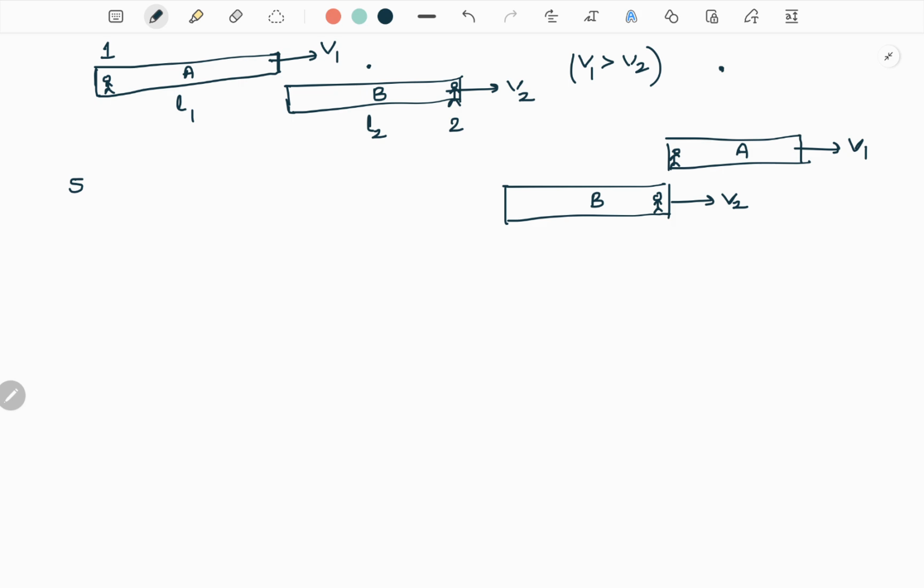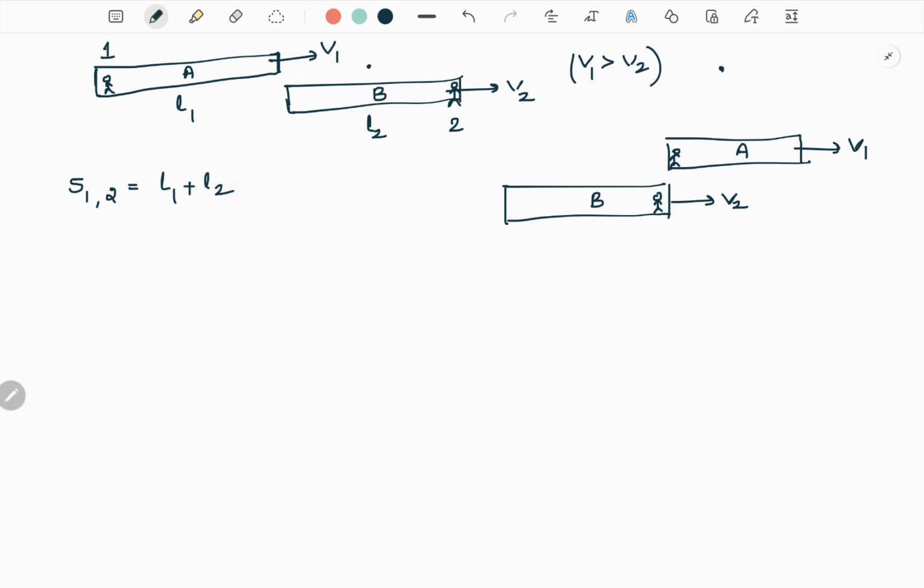Focus on this point very well: the displacement of the first one as seen by the second one. If the second one is continuously looking at the first one, the first seems to be moving towards him because the separation keeps decreasing, and finally it becomes 0.